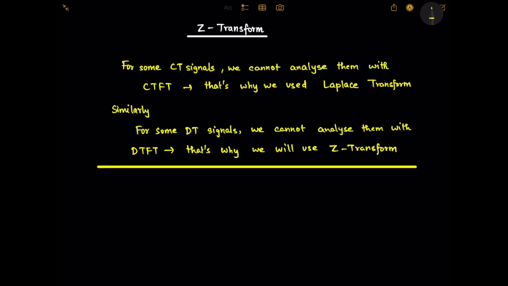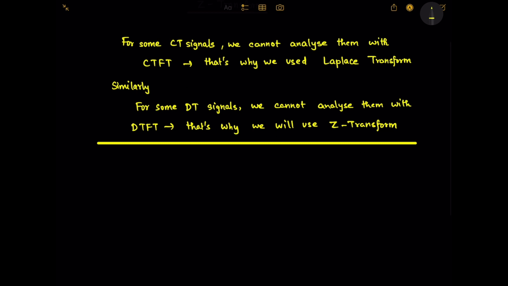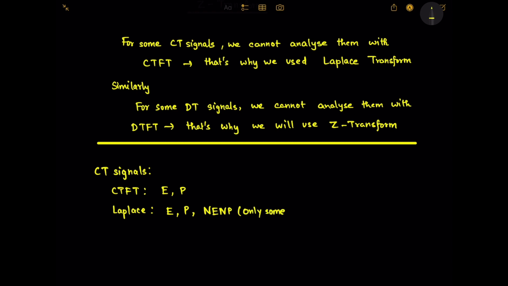To give you some examples of CT signals and DT signals, for CT signals, the continuous time Fourier transform can be used for continuous energy signals and continuous power signals. But the Laplace transform for continuous signals can be used for energy signals, power signals, and neither energy nor power signals, only some in this category.